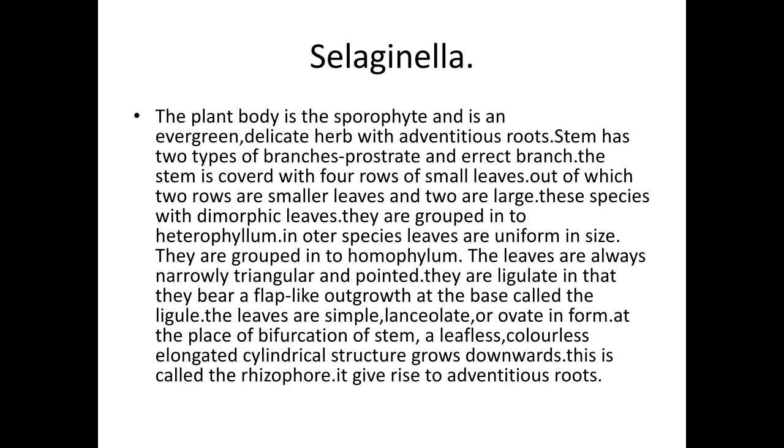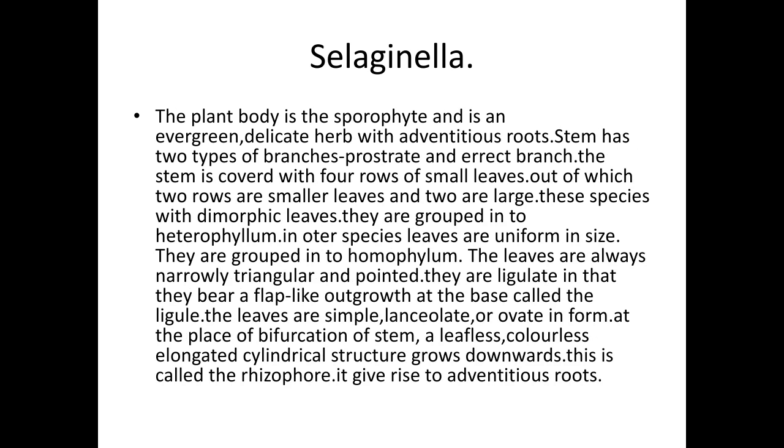The leaf in its axil consists of a tongue-like structure known as the ligule. They bear a flap-like outgrowth at the base, called the ligule. The leaves are simple, lanceolate or ovate in form.